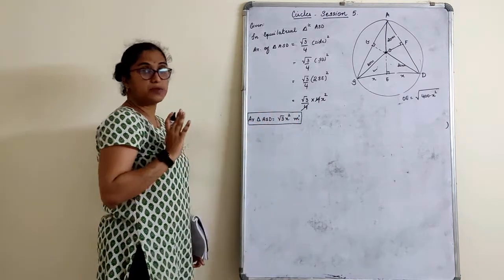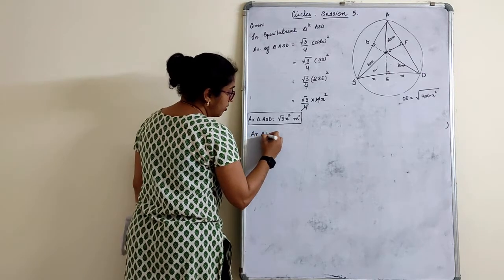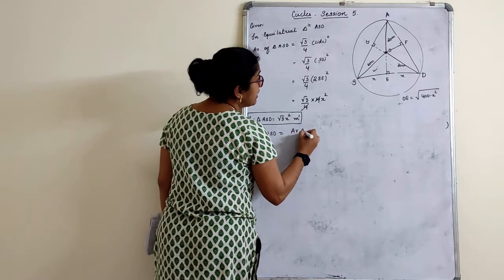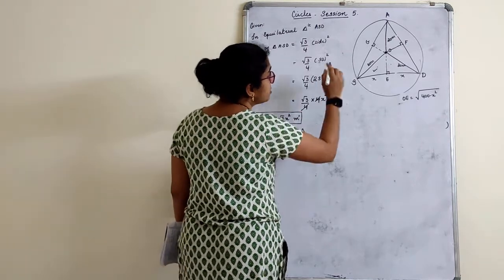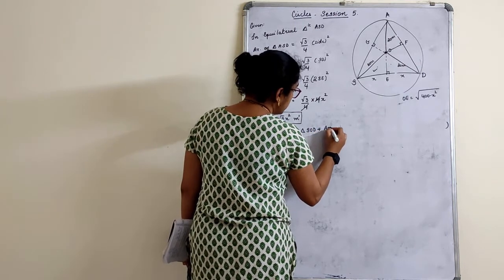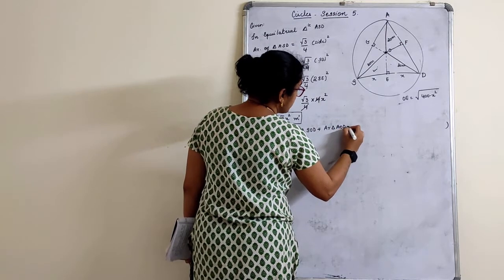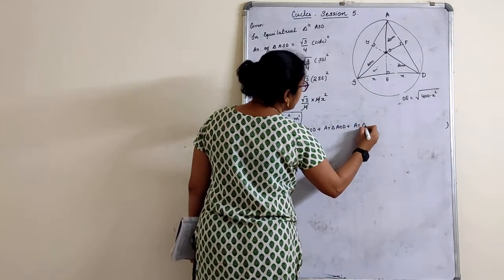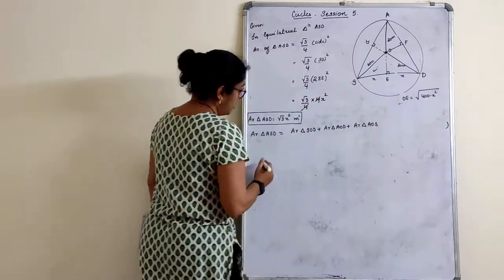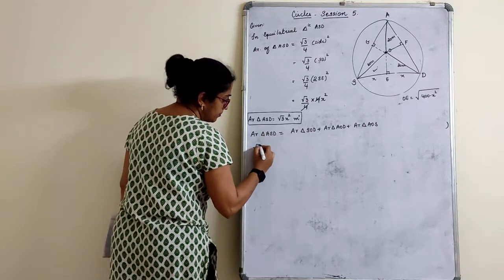Okay, keep this much as it is. Now again, if I say area of triangle ASD can be written as area of triangle SOD plus area of triangle AOD plus area of triangle SAO, which is nothing but, what is area of triangle ASD?